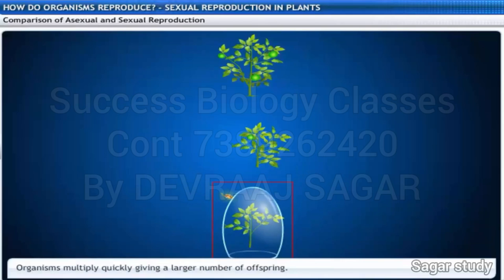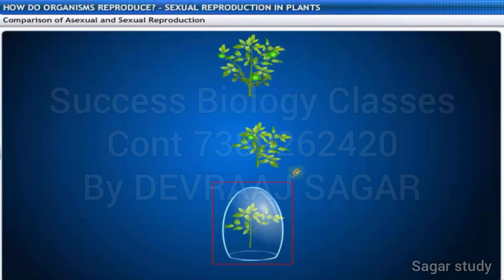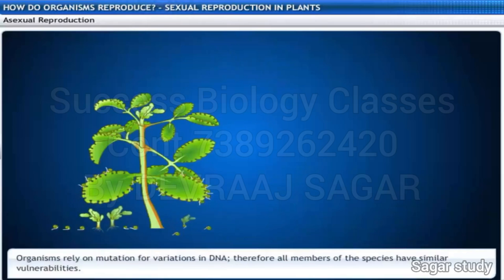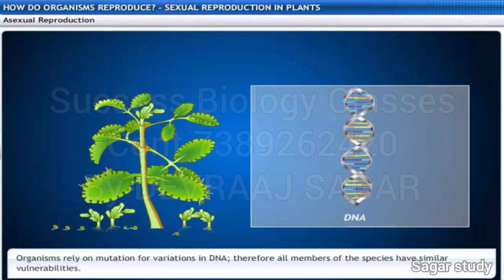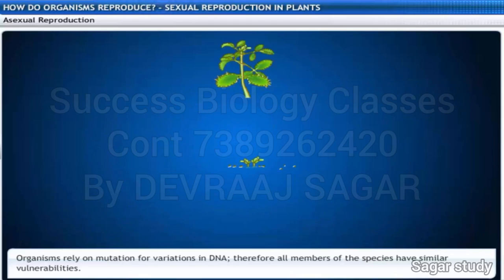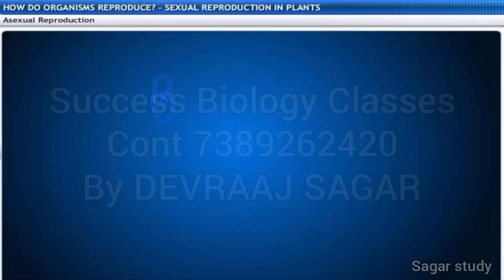Did that sound complicated? Let me explain further. Organisms that reproduce asexually tend to multiply quickly. However, they rely on mutation for variations in their DNA. Therefore, all members of the species have similar vulnerabilities.